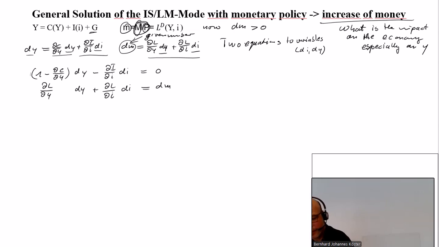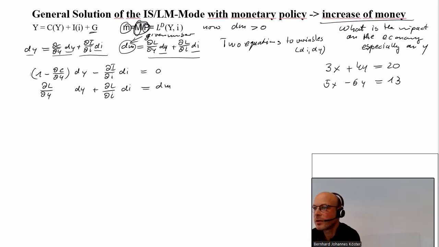And hopefully you remember something like this: 3x plus 4y is 20 and 5x minus 6y is 13. What do you have to do if you want to solve for x and y? So we want to have here the impact of the change of money on total income.